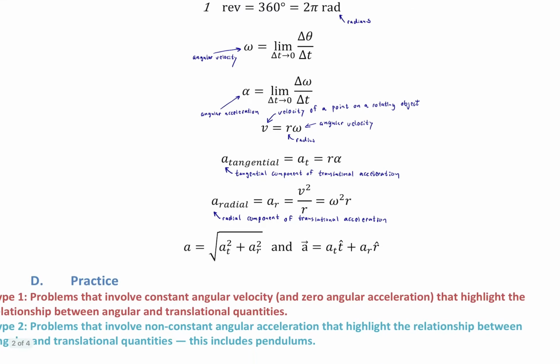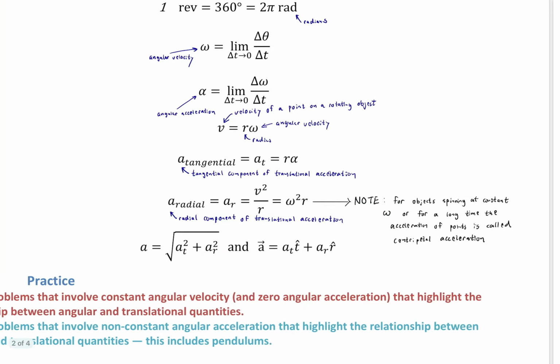Last up is, since these are components on an axis composed of a tangential axis and a radial axis that, of course, are perpendicular to each other, that means you can form any vector from those 2 components using just the Pythagorean theorem, or using SOHCAHTOA. They make right triangles. So this is just the Pythagorean theorem showing that the total translational acceleration is just the hypotenuse of a triangle formed of 2 legs, one being the tangential acceleration, the other being the radial acceleration.